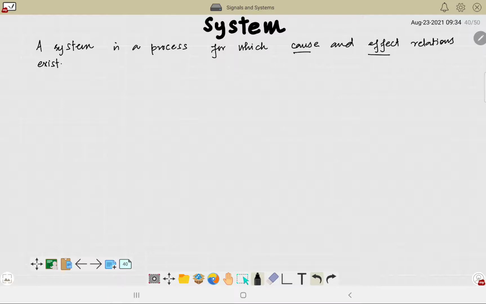The keywords here are cause and effect, and it's true for any physical process. You initiate a particular thing, it will respond, and that response will be an output. So, put in the simpler language, we say that the cause is the input, system input to be more specific.